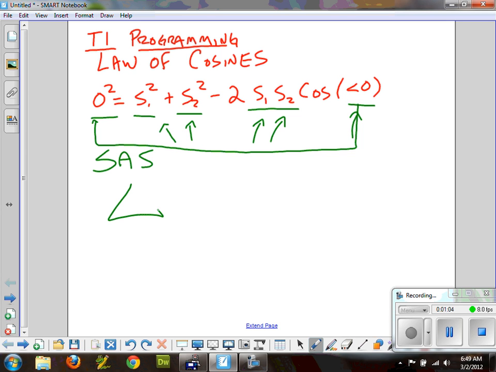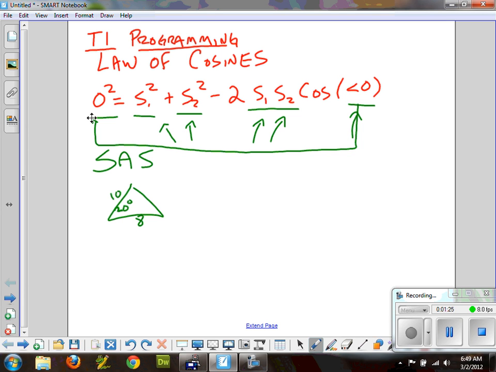For instance, let's give a little triangle here. If I have a 10 on this side and 20 degrees inside the included angle, and maybe 8 on the other side, that is a side angle side. Notice I'm not even looking at A's, B's, and C's, or what the vertex labels are.